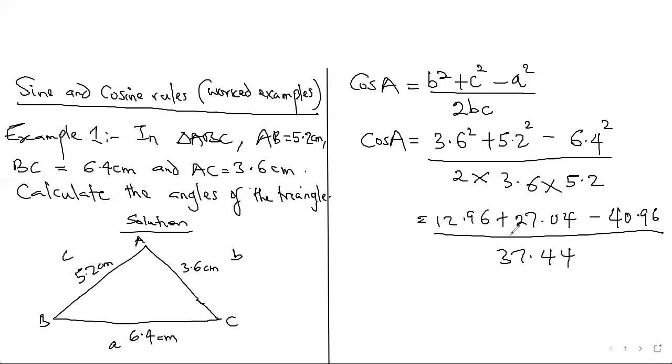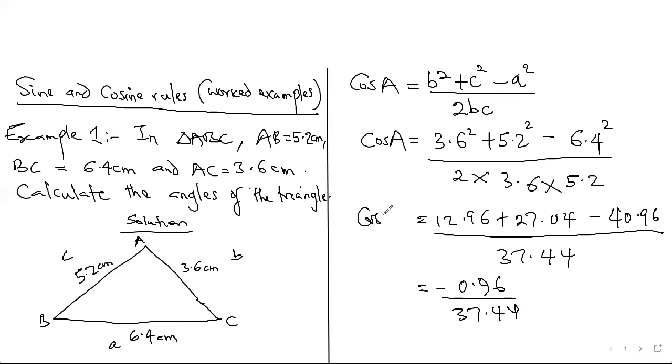So solving the numerator, you have 12.96 plus 27.04 minus 40.96, that will give you minus 0.96. So minus 0.96 divided by 37.44.